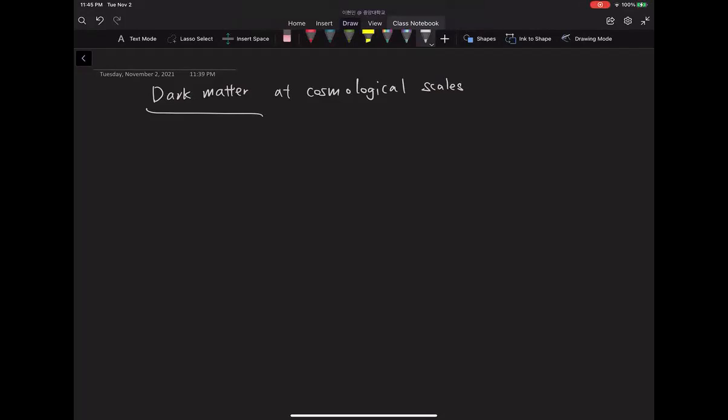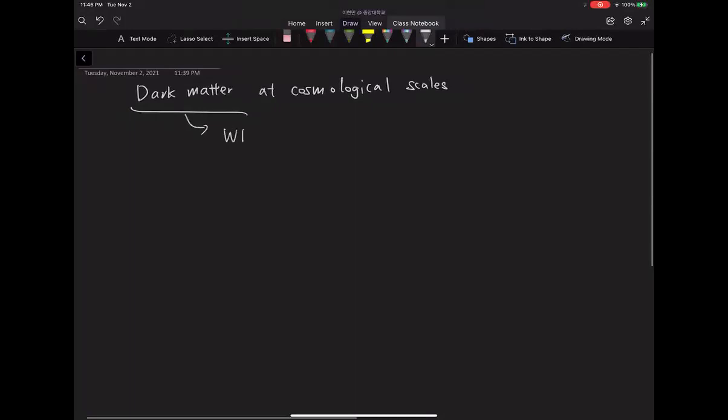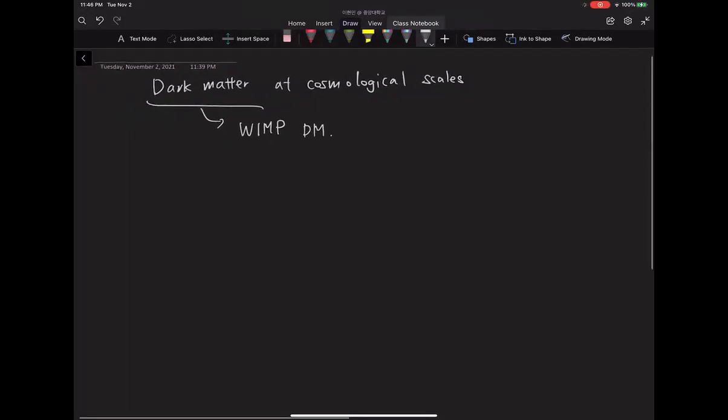So before going to discuss the details of WIMP dark matter, WIMP, weakly interacting massive particle, we first give you a brief review on the background geometry in the early universe. So this is called the FRW background or metric.